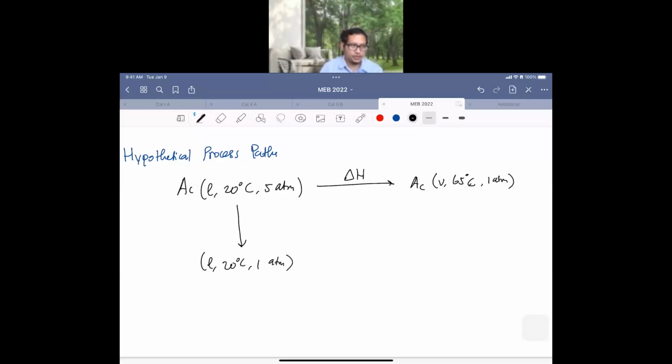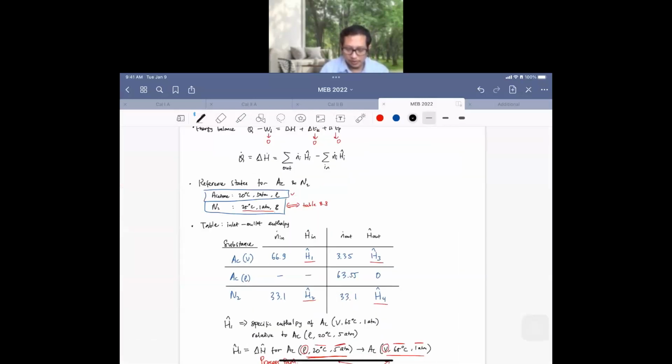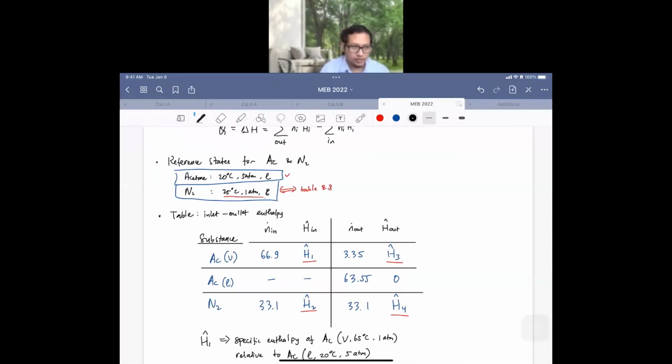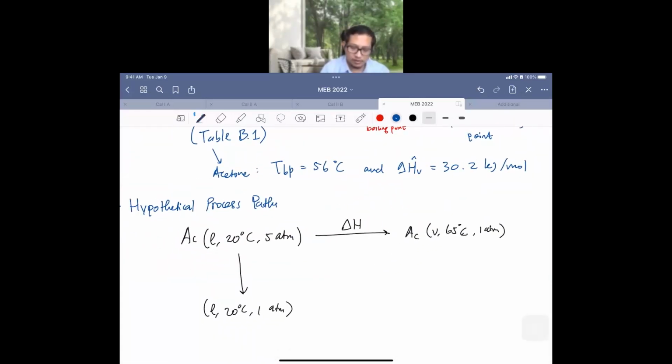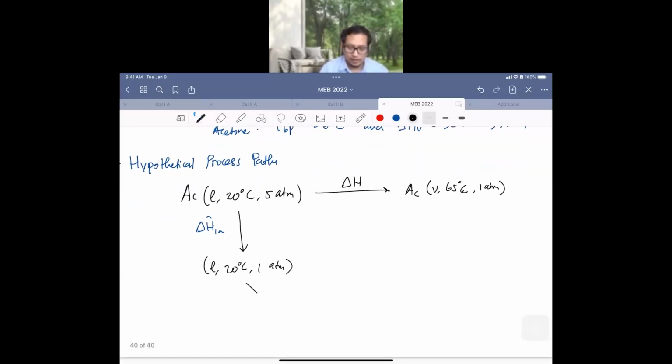Since we are going to find out the H1, this will be delta H1A. The next part is an increase in temperature, so it's still acetone liquid at 56 degrees Celsius and 1 atmosphere. Let me write this as delta H1B.